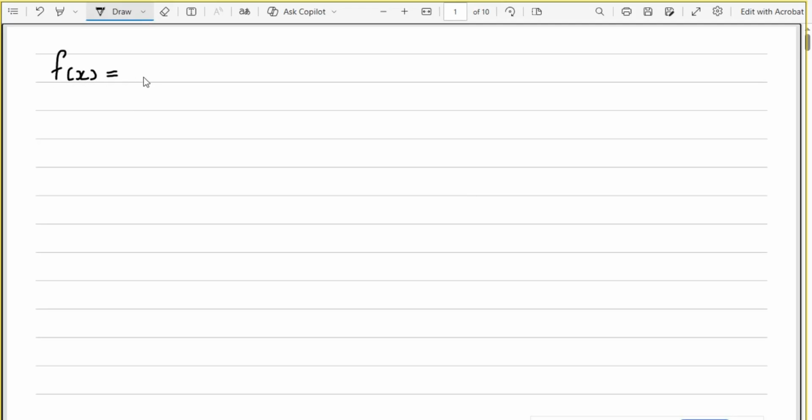f(x) is equal to x squared plus 4x plus 1. Right.